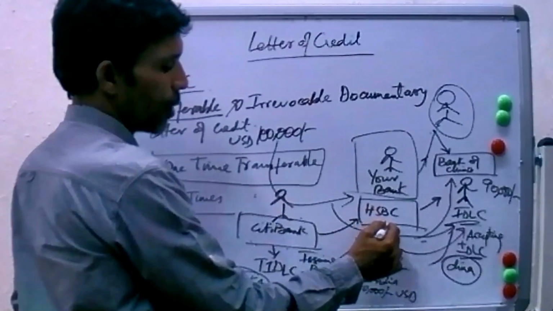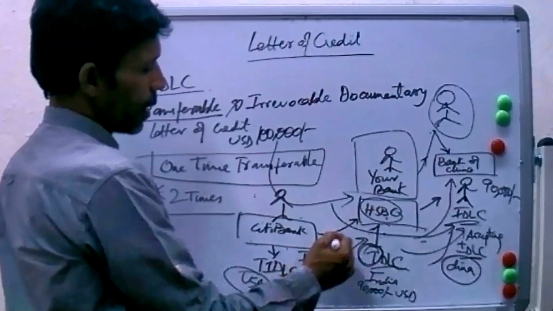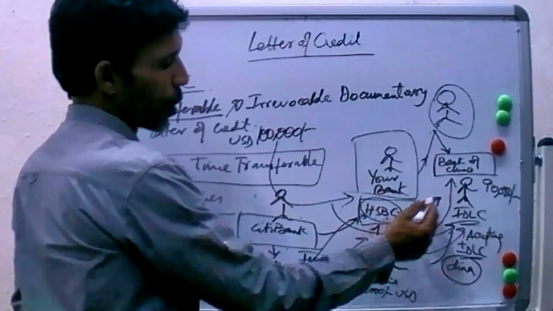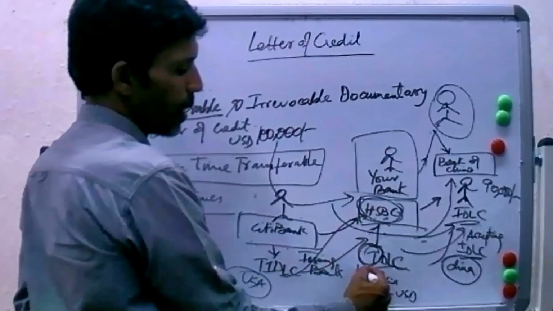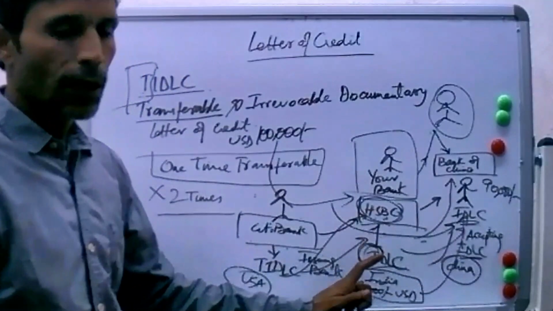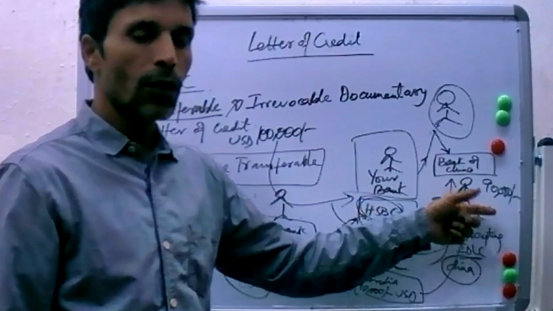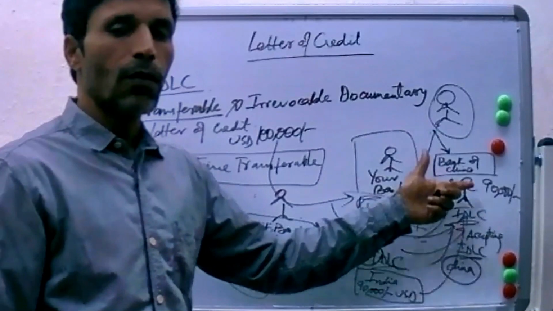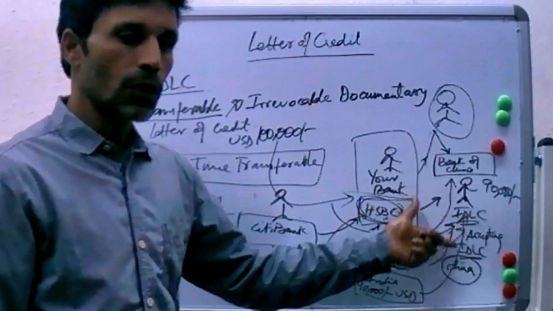After they receive this LC for 100,000 in the HSBC bank, as per the cost of the supplier, when you specify to the bank to make another LC, they will prepare the LC for 90,000 and issue this again. That is final. So the supplier's bank will receive the LC for 90,000, and they will inform the supplier that they have received the LC, and the supplier will take care of the remaining part of the work, the delivery of documents, the transportation of the goods, etc.